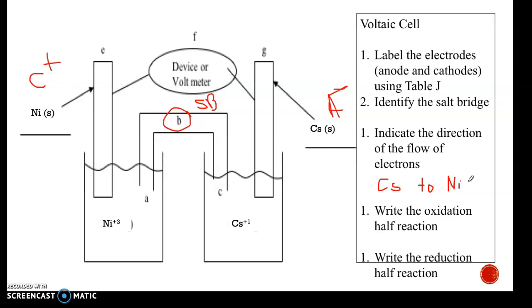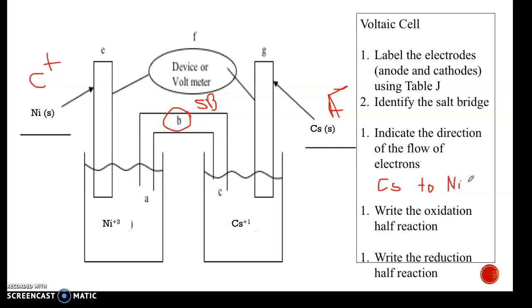As the electrons are lost, the atom becomes an ion. So cesium has an increase in ions, while nickel will have a decrease in ions, but an increase in mass, because as we're sending those electrons over to nickel, it is gaining electrons every single time.